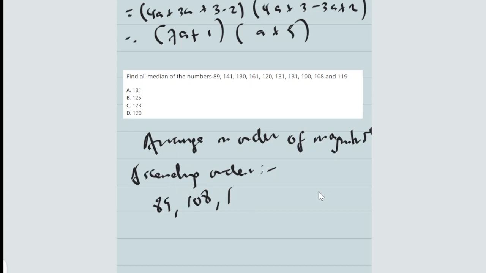Let me rewrite it, sorry. 89, 100, 108, 119, 120, 130, 131, 141, I think that is all.